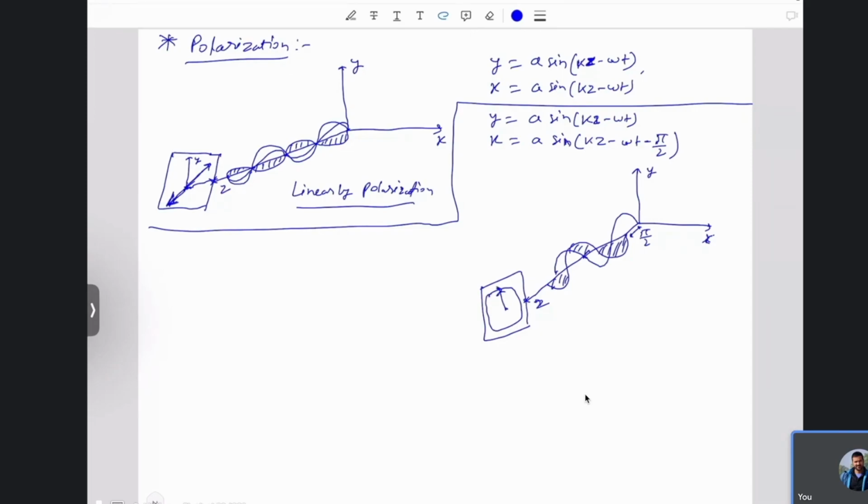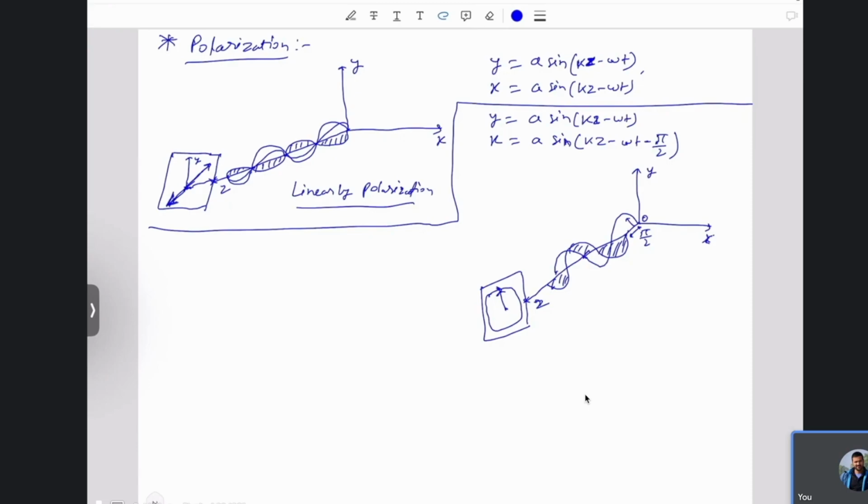Now, how do you understand how it's moving in a circle? So let's see. Here at the origin, you have the electric field vector starting from here, I mean like this, in the y axis.